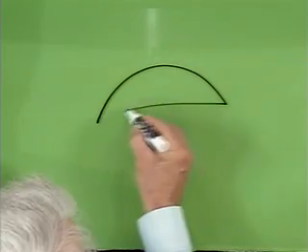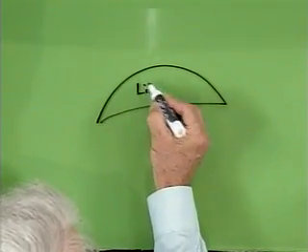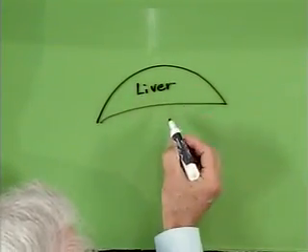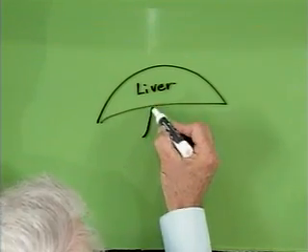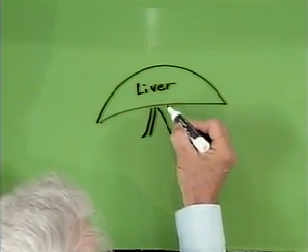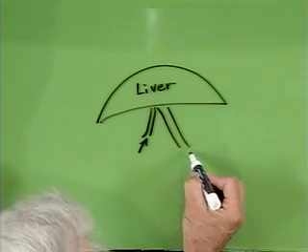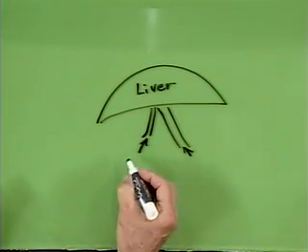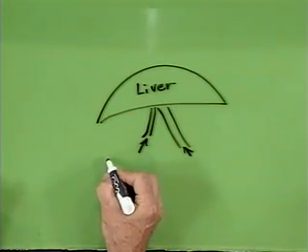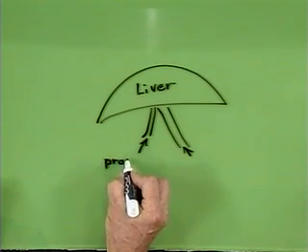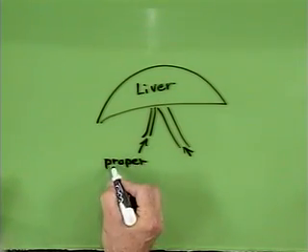Let's go back to the overhead camera one more time, and I want to just say this is a liver. Coming into the underneath side of it, we've got two different vessels carrying blood in. We mentioned those by name as the hepatic artery. By the time it gets to the liver, it's called the proper hepatic artery.